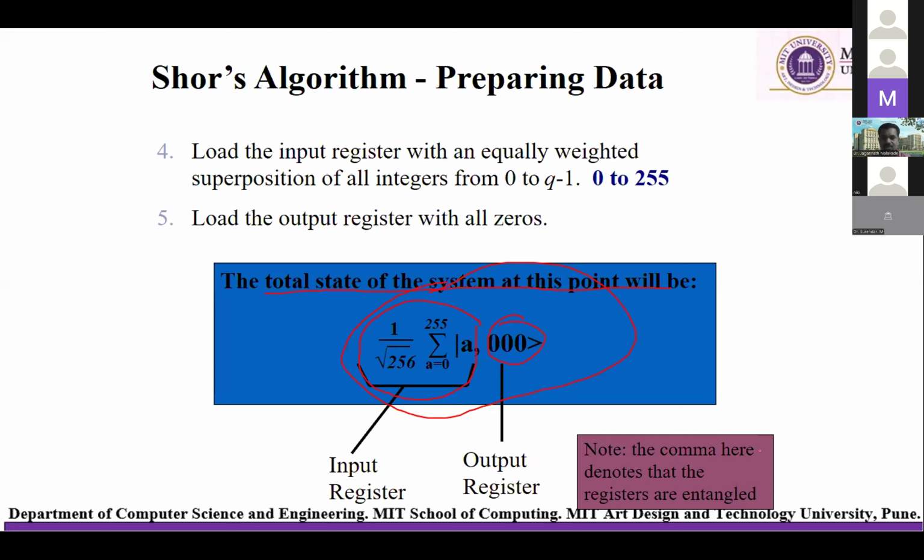Note that the comma denotes that the registers are entangled. Entangled means if one collapses, then we can easily determine the output of the second.